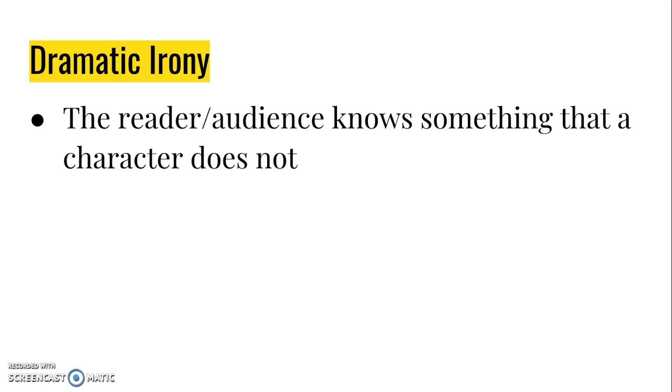A great way to build suspense is including dramatic irony in your writing. When the reader knows something like a secret that the character doesn't know, it's going to keep them engaged and wanting to keep on reading to see what's going to happen to that character when they find out this secret.